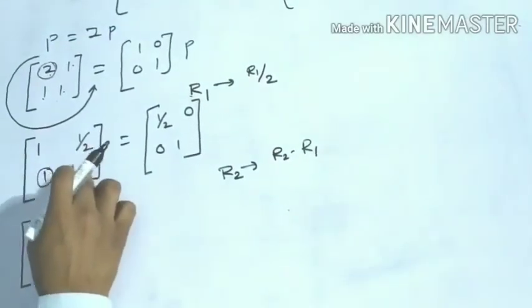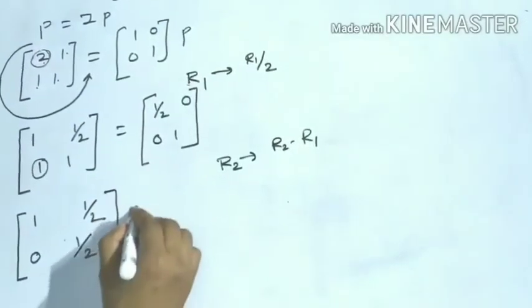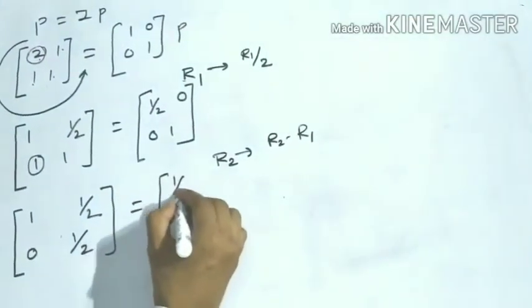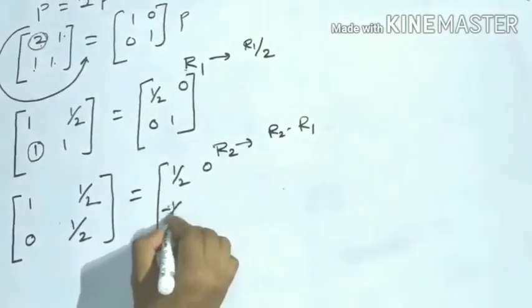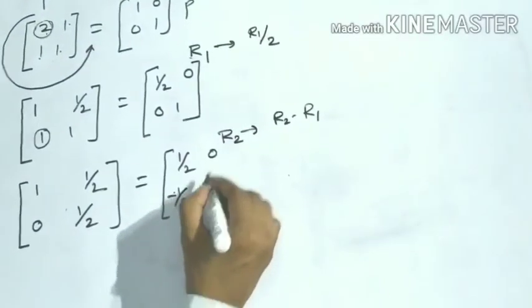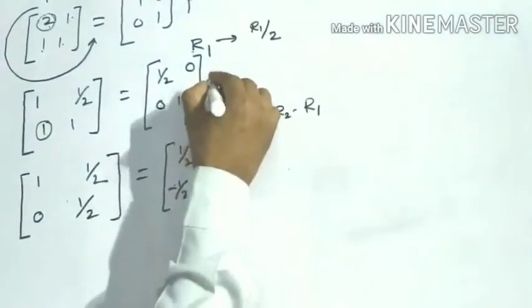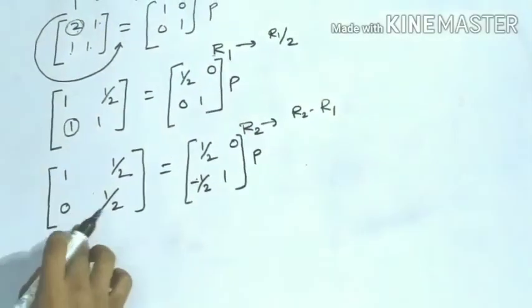And here 1 minus 1 by 2, this becomes half. And on this side 1 by 2, 0, and then 0 minus 1 by 2, meaning minus 1 by 2. And then after this is the 1, and here this is the P.